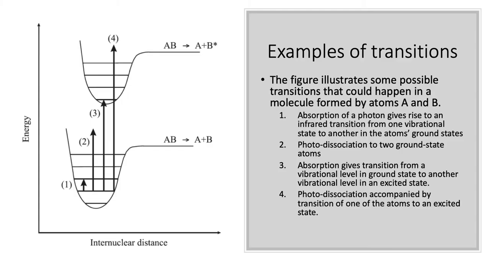This is an example of the transitions that can happen. Let's think about this system here. The curve I'm showing is the energy. Let's suppose that you have two atoms, A and B, and these make a molecule.